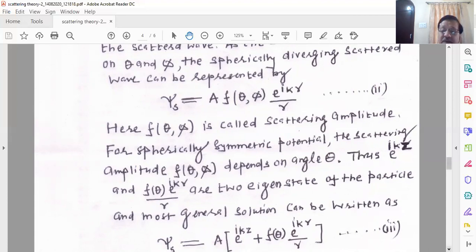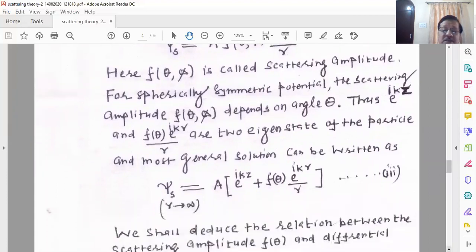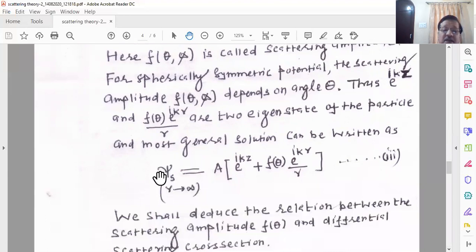Please remember this. Here you write the scattered function psi_s, and we are taking r tends to infinity, at a very large distance, because we want to study the asymptotic behavior.